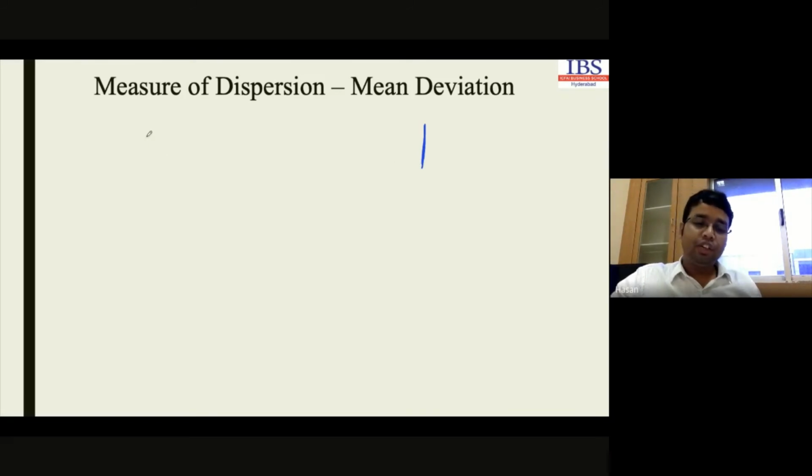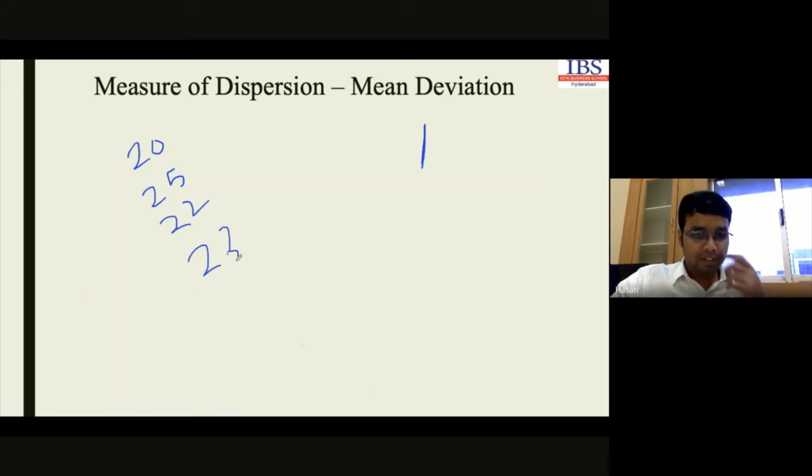So if we take the example here: 20, then 25, then 22, again 23, and another 25, another 25. What will be the average here? 140, right? Yes, sir, 140. Then what will be the average?